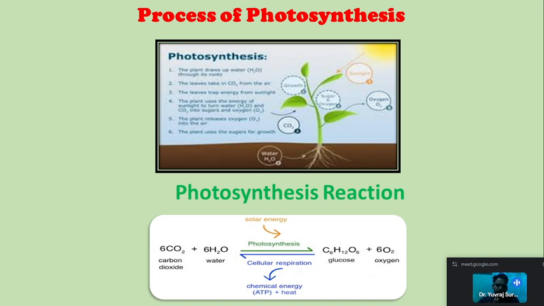What actually happens in photosynthesis is that water molecules are absorbed by the plant roots, and the absorbed water is carried up to the leaves. The leaves take CO2 from the air.